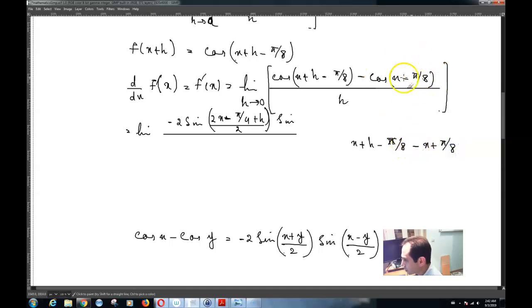The negative is multiplied by both of these. And then you divide that by 2 basically. So then these 2 will cancel out, that is h divided by 2. So that's sine of h divided by 2 over h as h tends to 0.